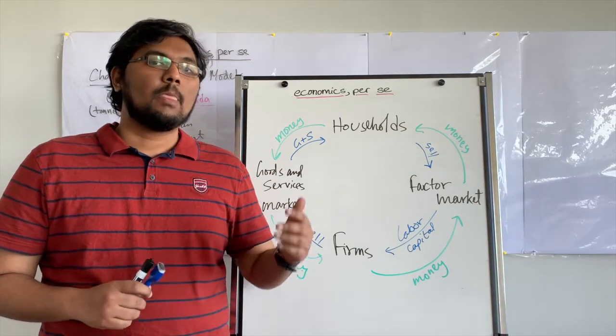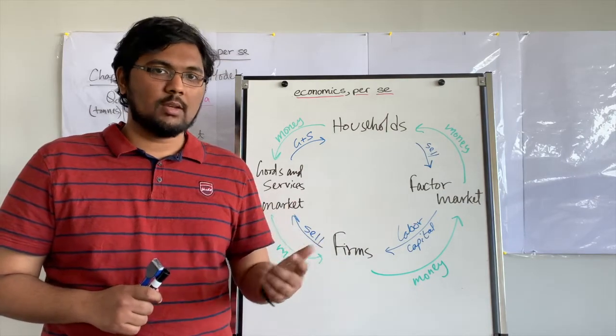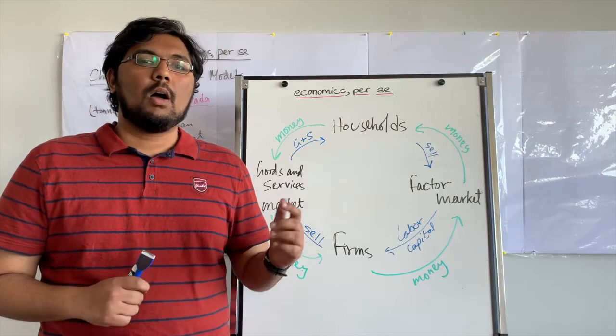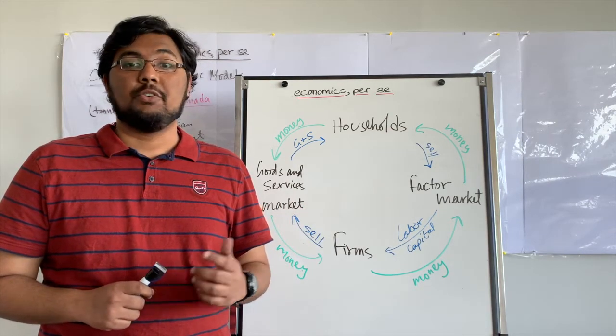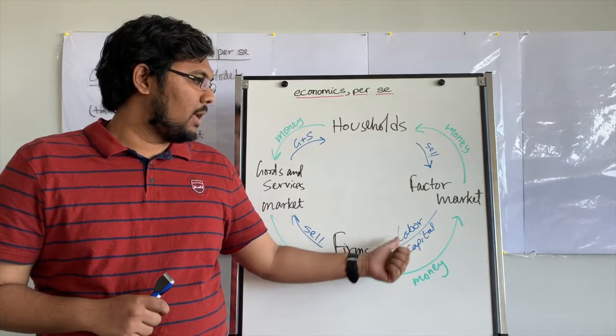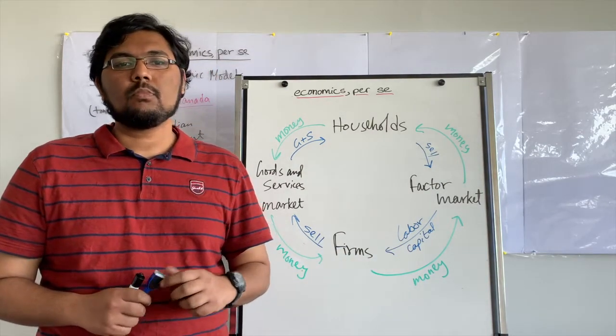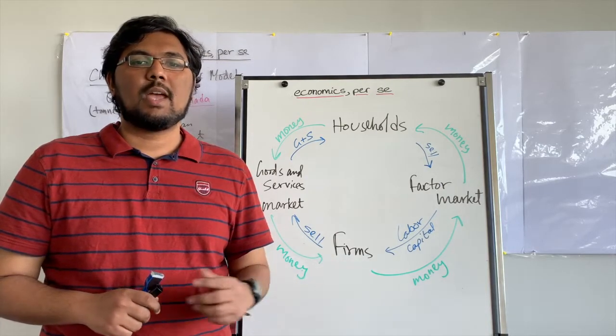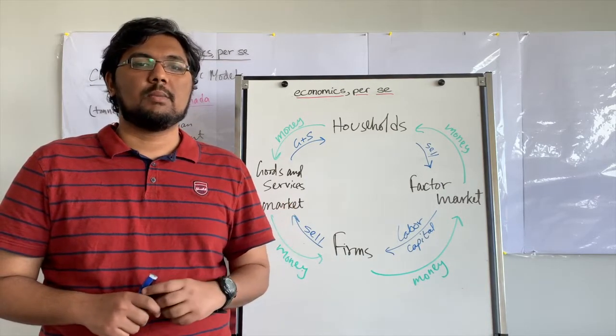I said the firms buy or rent the resources from the households because we assume that households own, sell and rent all of the resources, which include labor and capital. We will learn in detail in the later chapters why we have made that assumption.